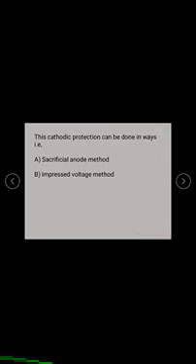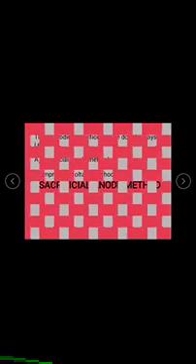This cathodic protection can be done in two ways: the sacrificial anode method and the impressed voltage method. Now let us discuss the sacrificial anode method.